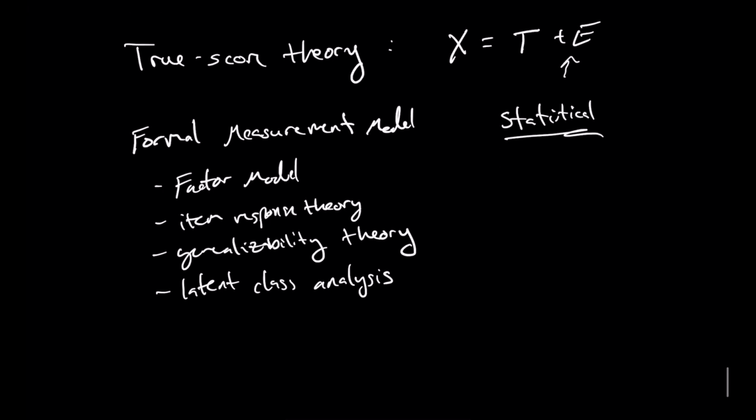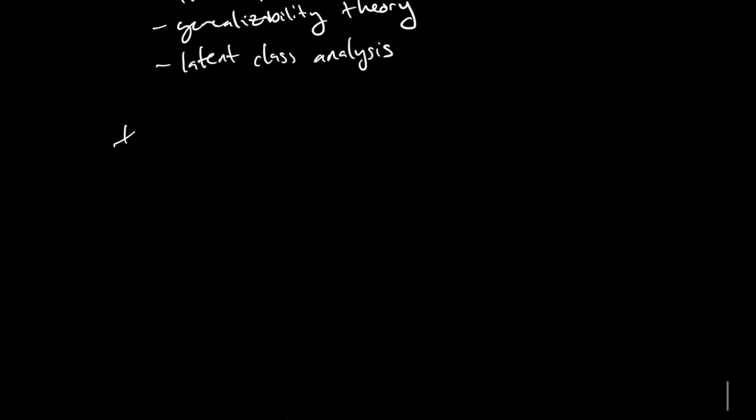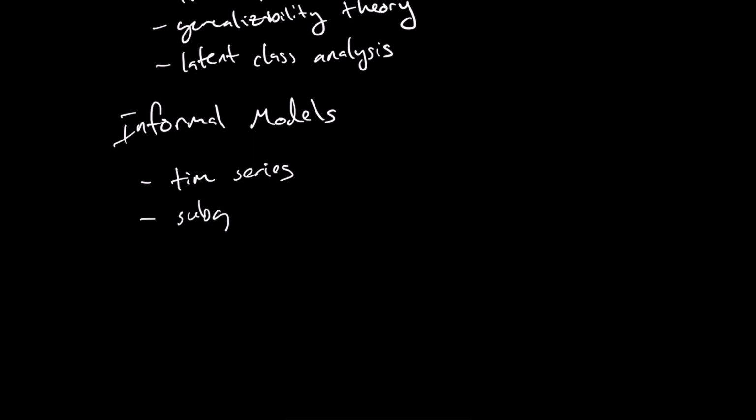But there are also what are called informal models. Some really straightforward informal models we can give are things like a time series map, or just subgroup analysis.